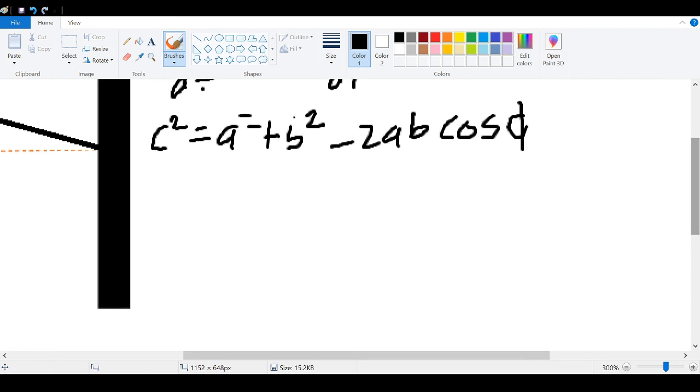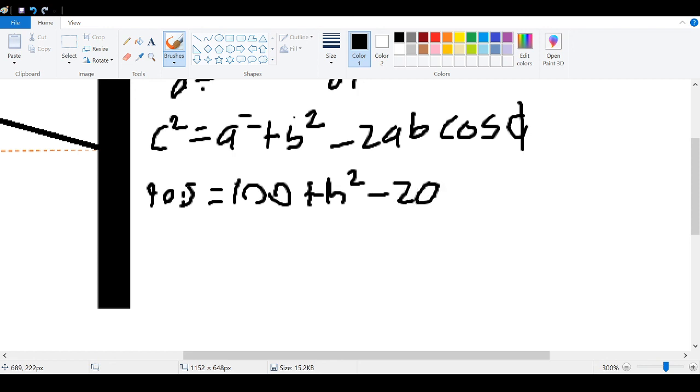And so when I write all of that out, we get 30 squared, which is 900, is equal to 10 squared, or 100, plus h squared, minus 2 times 10, or 20, b is h, cosine of phi.